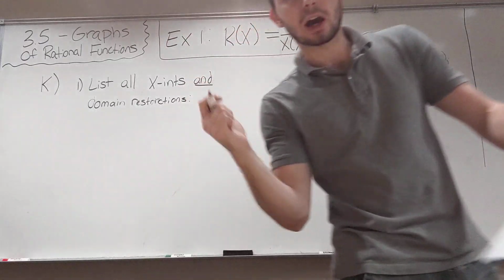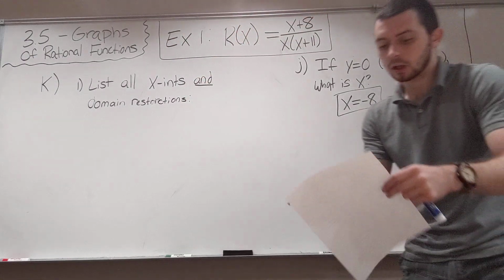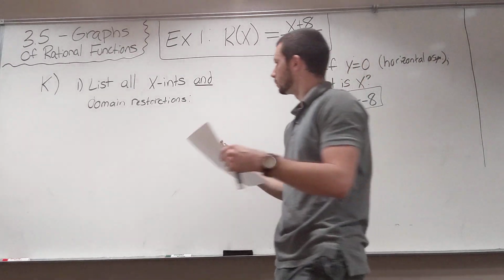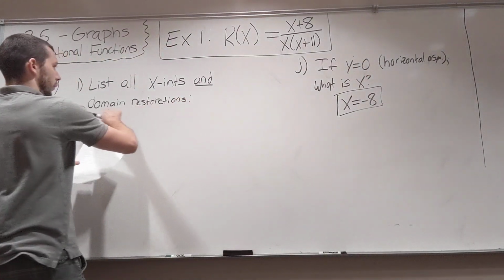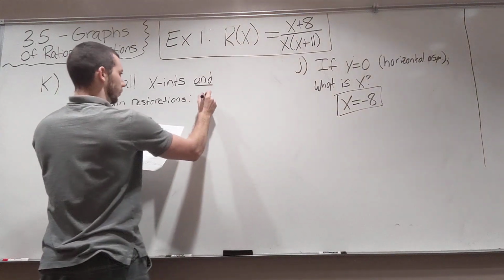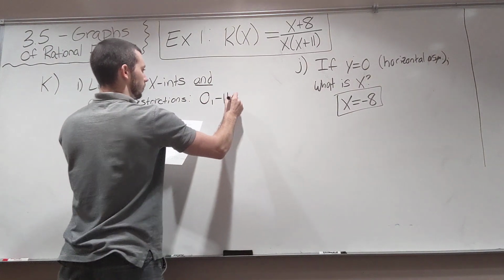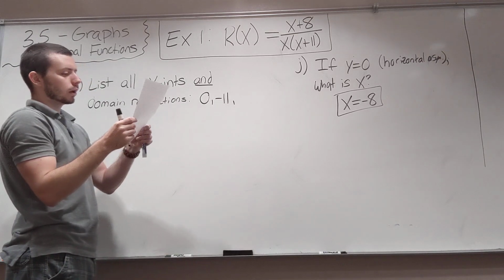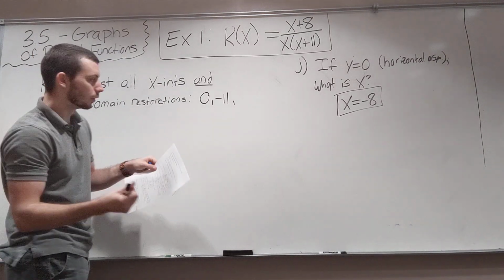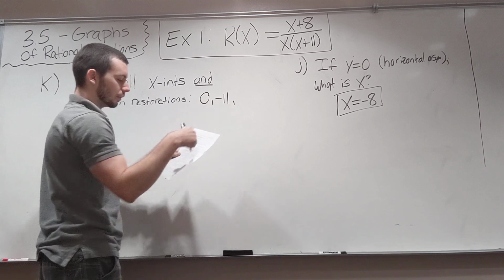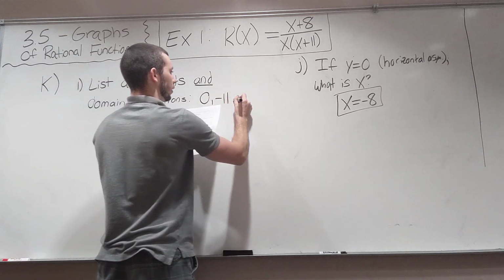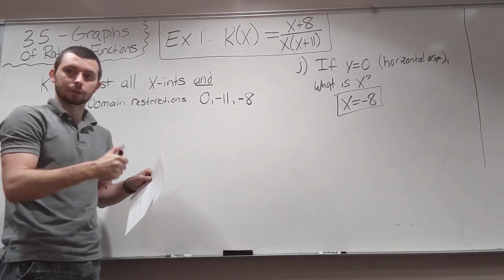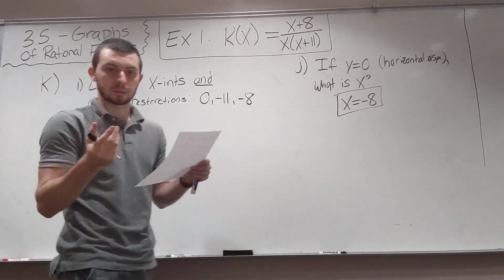We have found all of these things already. The domain restrictions we found in part B, those were 0 and -11. We also found an x-intercept in part D, which was negative 8. So that's the first step: just list all of them, just bring them back as a reminder.